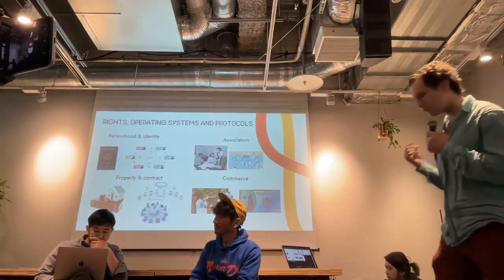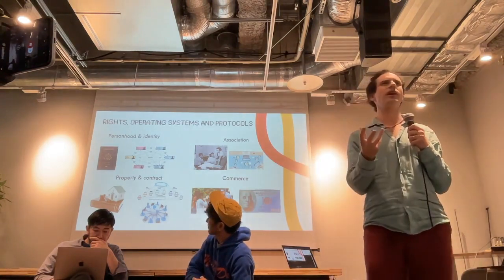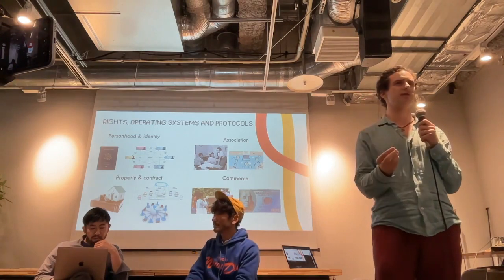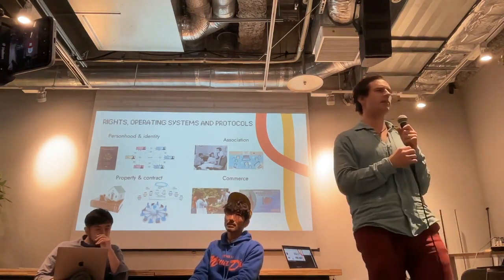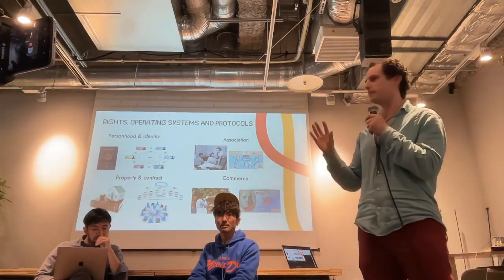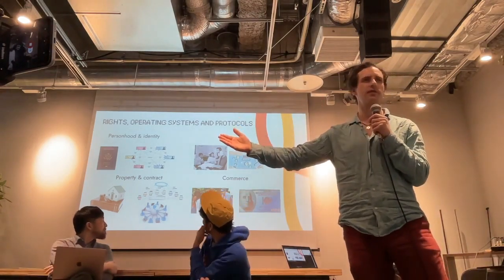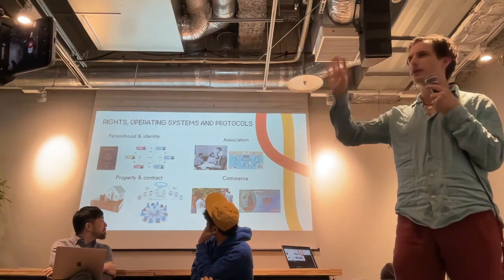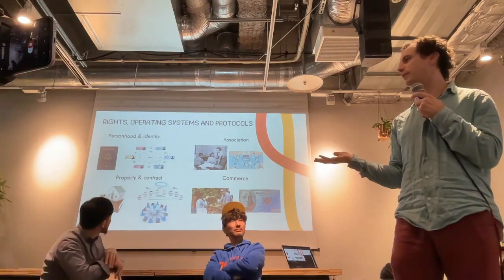So, how do we do that? Well, there's this powerful analogy between the way that democracies work and the way that operating systems work that we want to draw on. So the basic fundamental idea behind liberal democracy is that there are these fundamental rights that people have that allow for a democracy to exist. If you can't know that there are individual people, then how can you have voting, right?